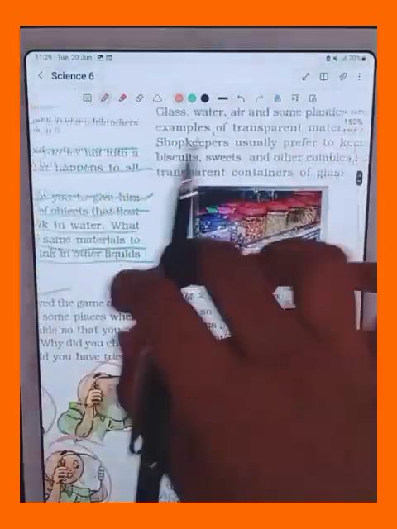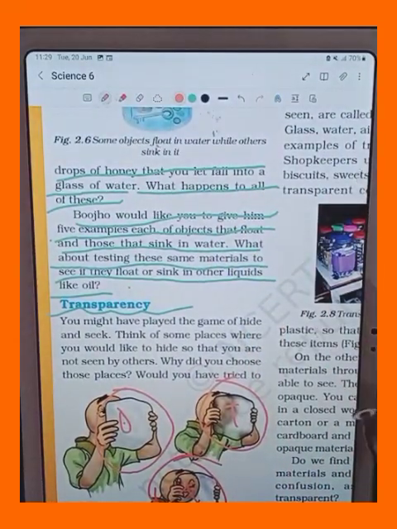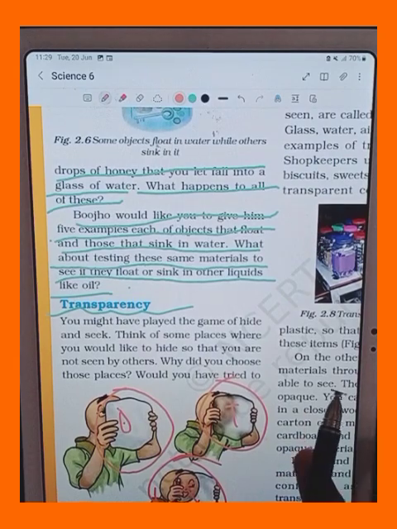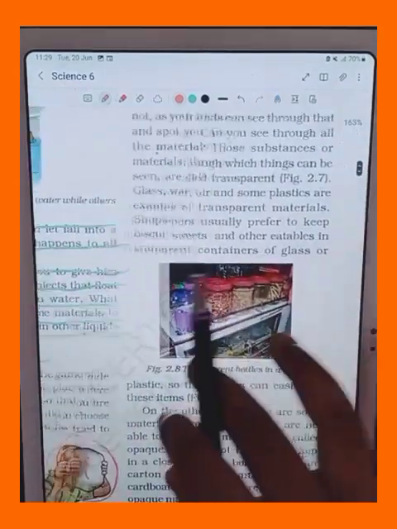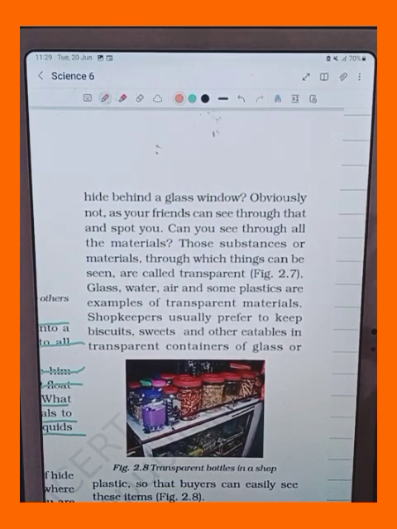You might have played the game of hide and seek. Think of some places where you would like to hide so that you are not seen by others. Did you try to hide behind a glass window, so that your friend can see you and spot you?